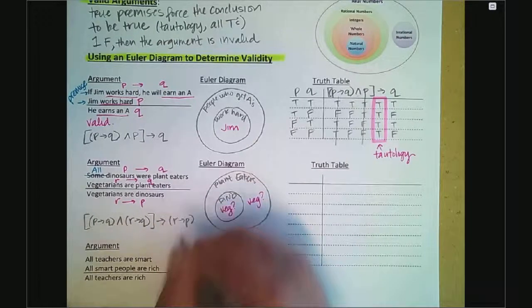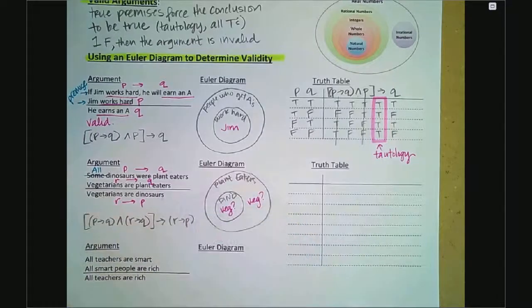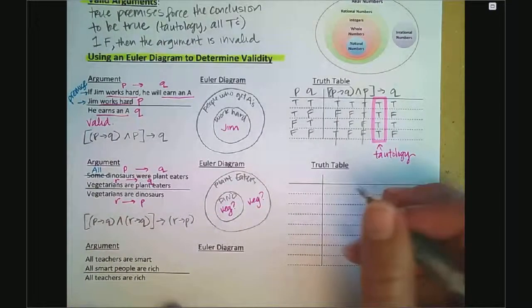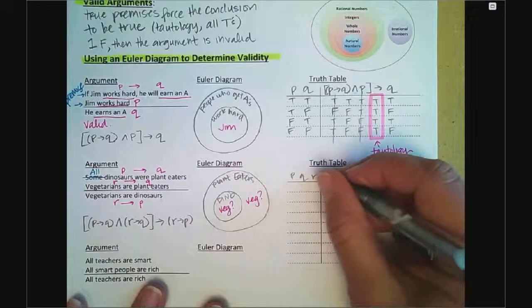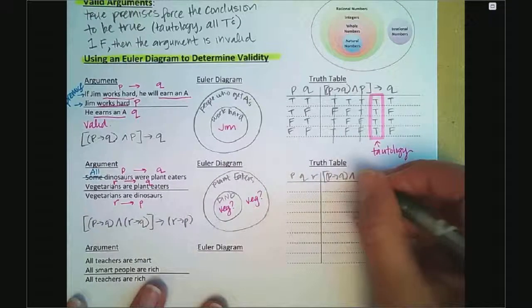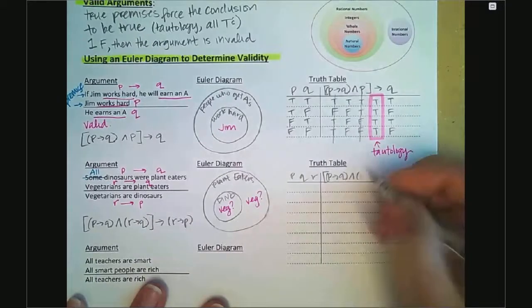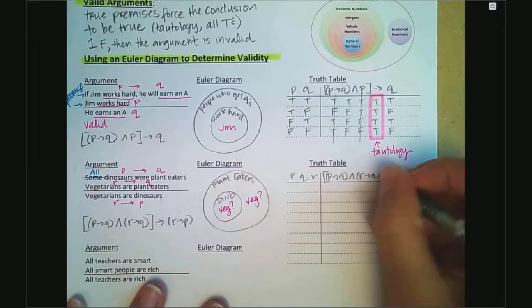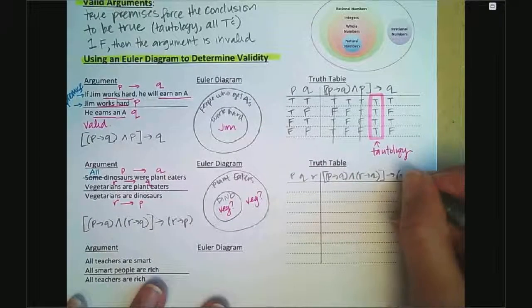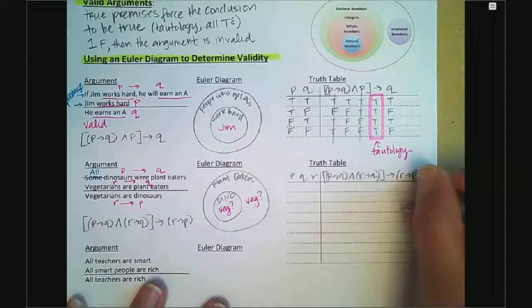I can do this with the truth table. I have P's, Q's, and R's. And I have P implies Q and R, whoops, went capital, R implies Q. Together, it says that R implies P. Otherwise, it's only a valid statement if we get a tautology.